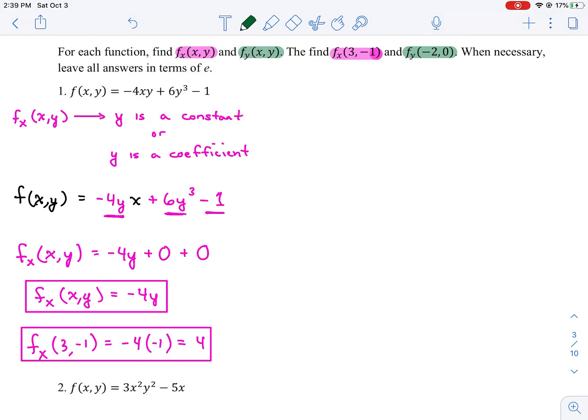Okay, now let's determine the partial derivative with respect to y. And this is going to imply that x is a constant or x is a coefficient. So I'm going to rewrite the original function so that all of the constants and coefficients are green.